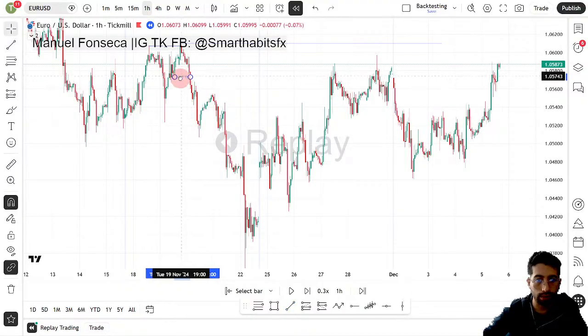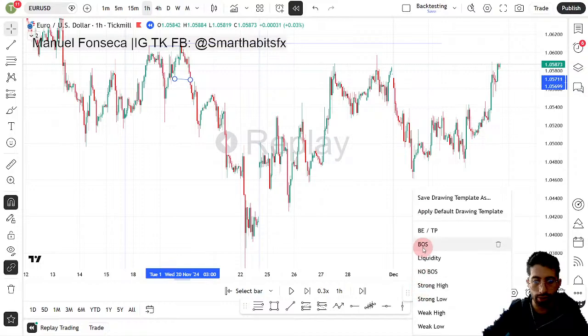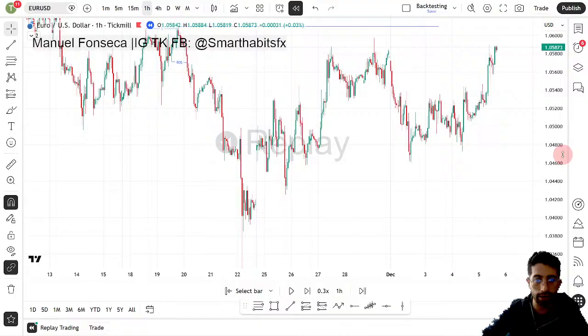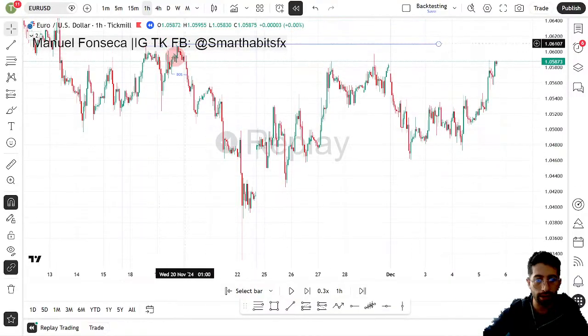Then we will have a very clear range beginning, the beginning of a range.